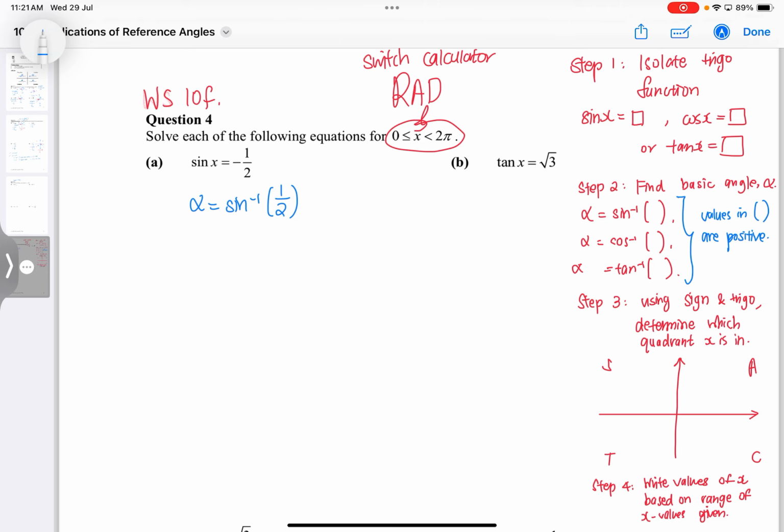So sine inverse of half. Half is a special angle, right? Sine something gives you half. So what's that special angle? Sine inverse half is 90? Pi over 2?